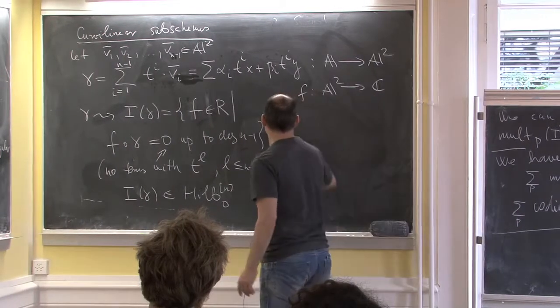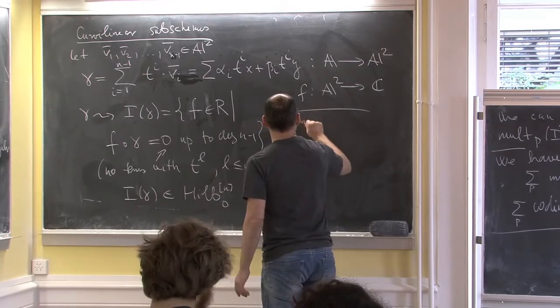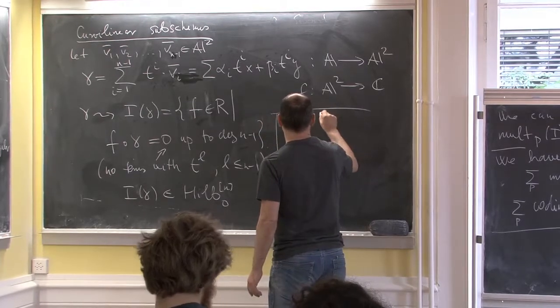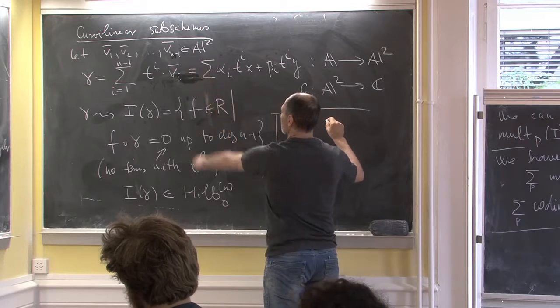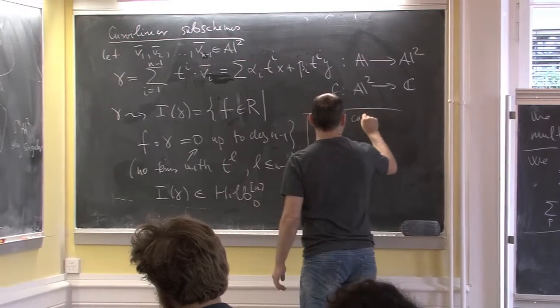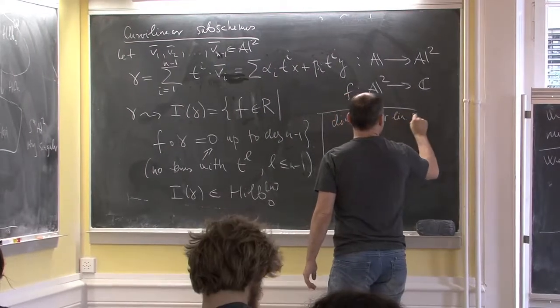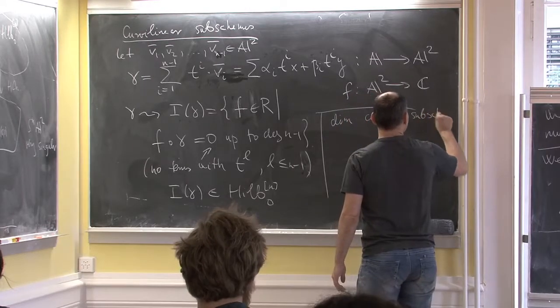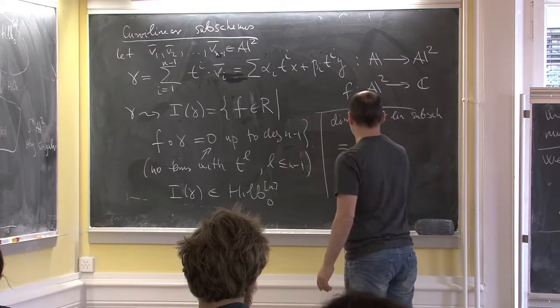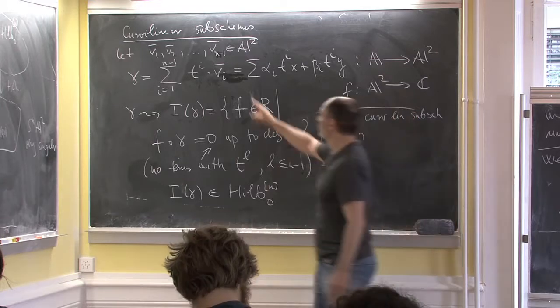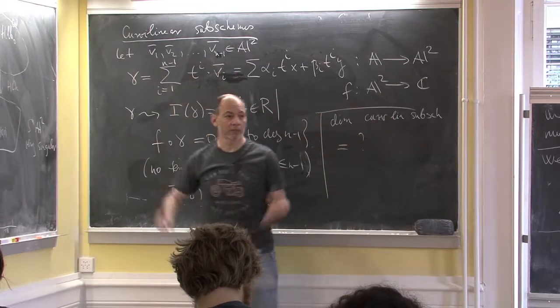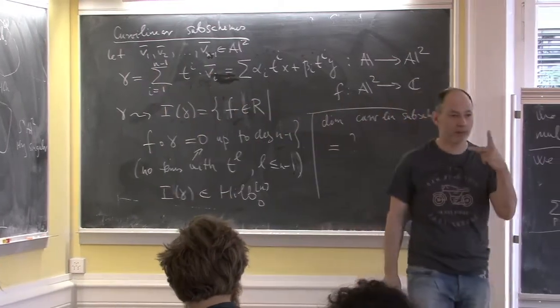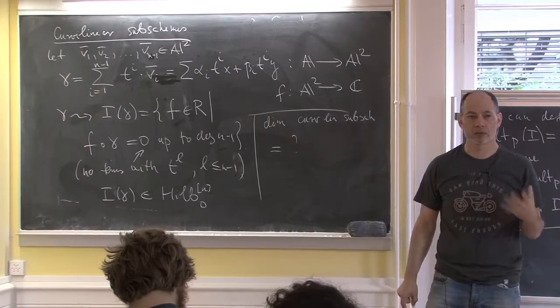The dimension of the space of curvilinear subschemes, as this thing is called, is, well, if you do it naively, 2n minus 1. You have 2n minus 1 vectors with 2 parameters, right? So it's 2n minus 1.